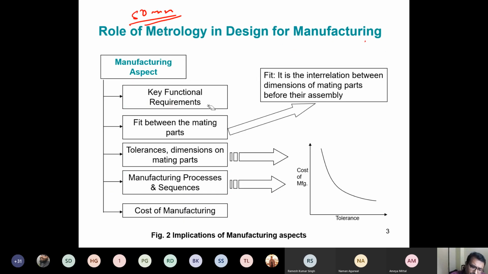So basically, whenever you do metrology, when you design something, the first aspect is functional requirement. So you understand there is a functional requirement. I want some degree of fit, right? And then based on that, I define what will be the fit. Because I have to assemble the part, right?